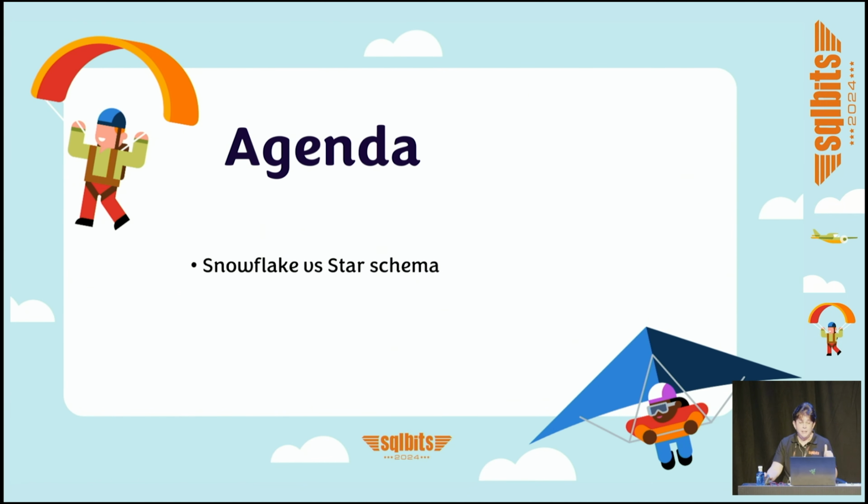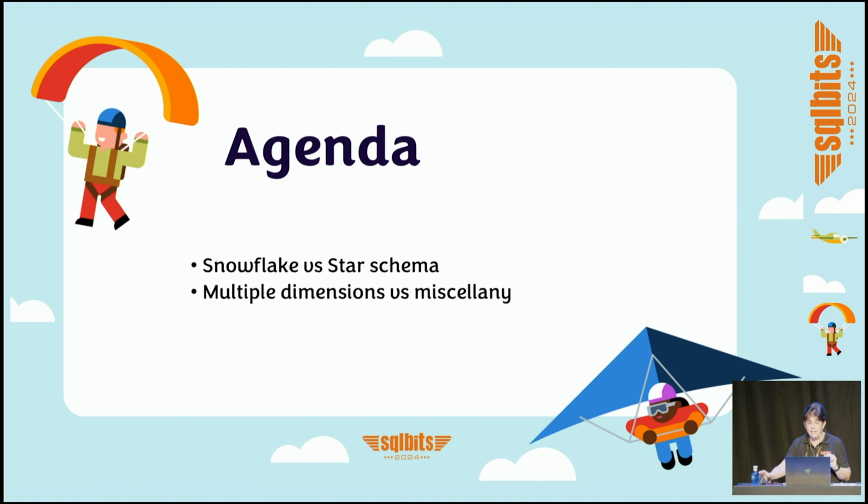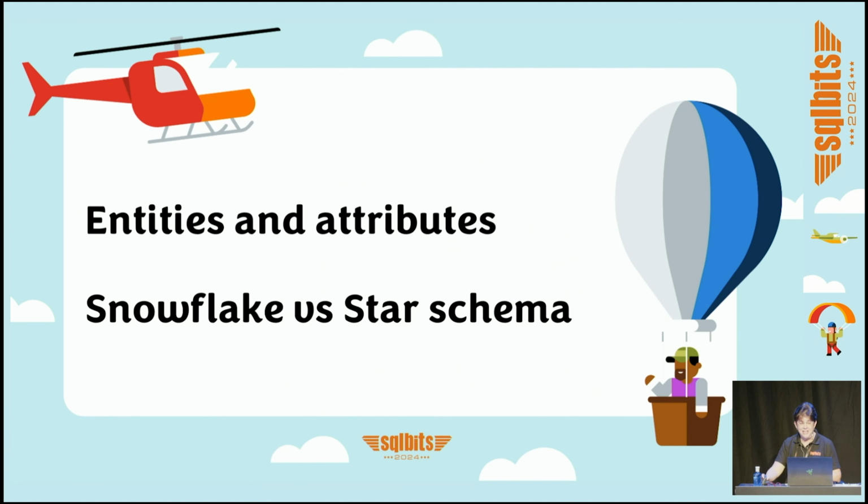We will see about the Snowflake versus star schema, looking at the entities and attributes. We will see the difference between multiple dimensions and just one miscellany dimension, and what about if we need some attributes that we don't have and we need them by requirements. Okay, let's start.